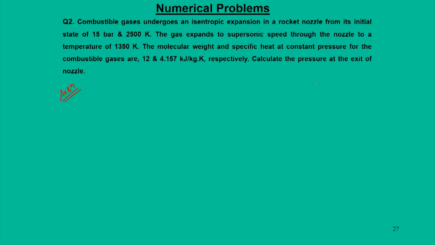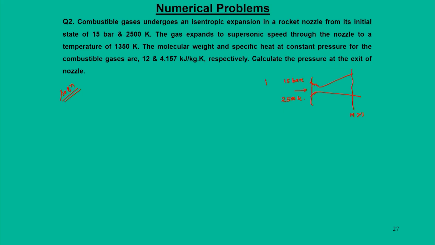So, if we can draw the schematic, normally in gas dynamics terms, these nozzles are typically supersonic nozzles. So, initial state is 15 bar, that means entry state, the flow enters the nozzle at 15 bar and temperature is 2500 Kelvin, and it expands to a supersonic flow, that is M is greater than 1, and final temperature.